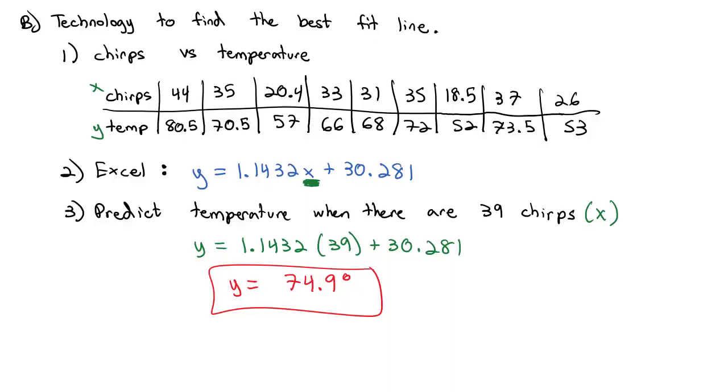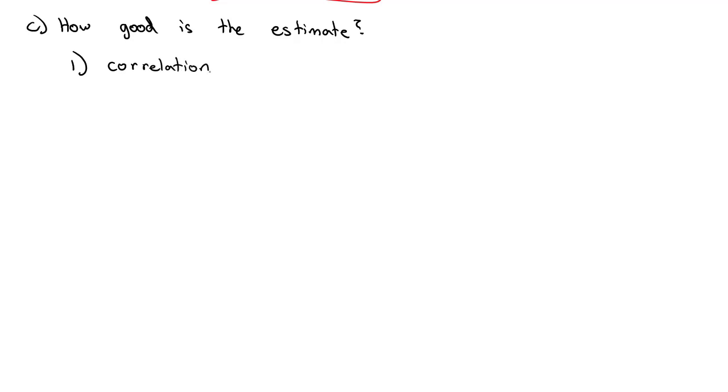What we might be curious then is, if there tends to be a gap, how good is the estimate? Well, one way we can measure the quality of the estimate that we made is we find what is called the correlation coefficient.